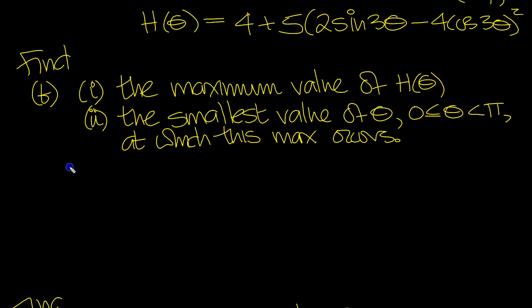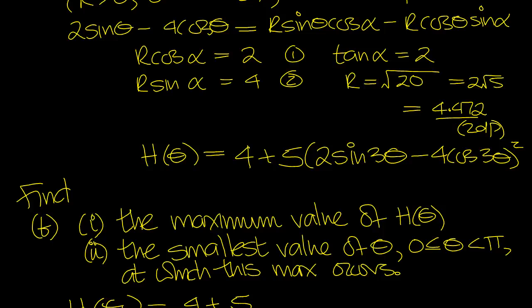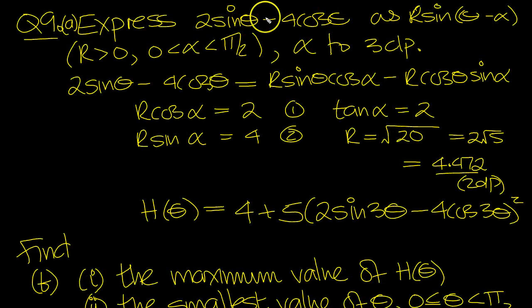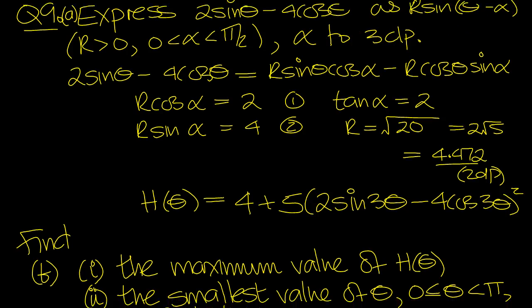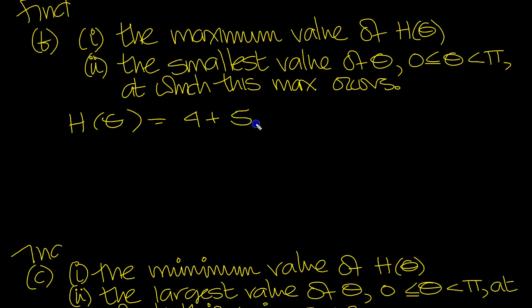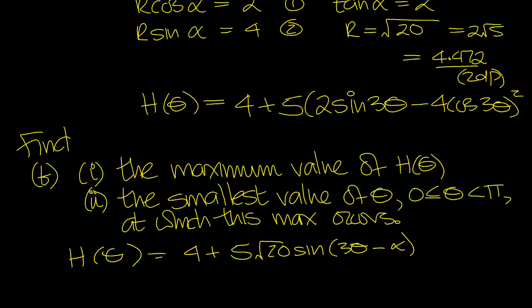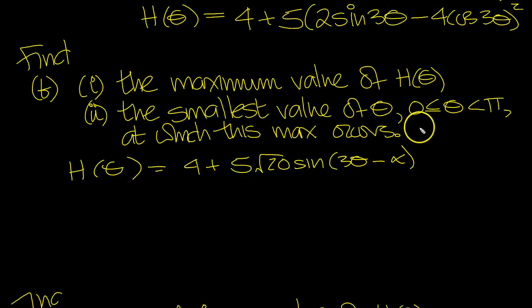Okay, so h theta then is equal to 4 plus 5 times (2 sine 3 theta minus 4 cos 3 theta) squared. 2 sine 3 theta minus 4 cos 3 theta is equal to r sine (3 theta minus alpha), root 20 sine (3 theta minus alpha), squared.